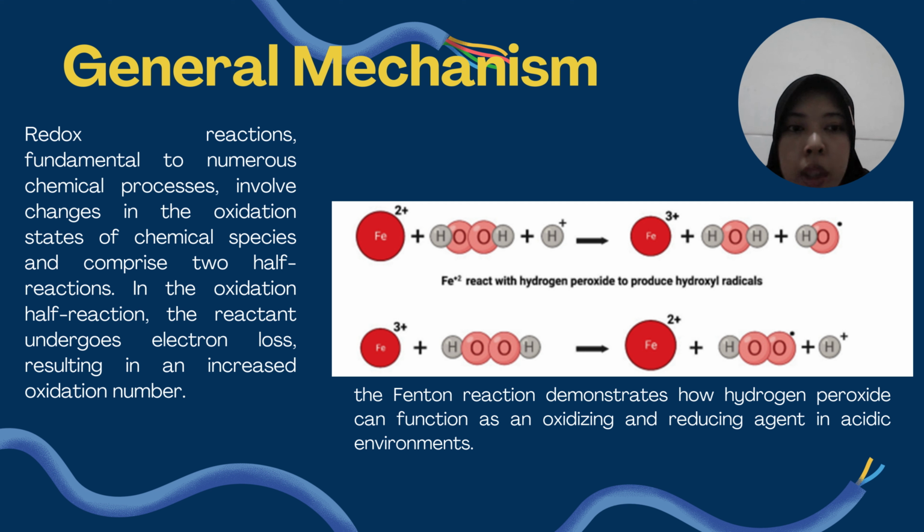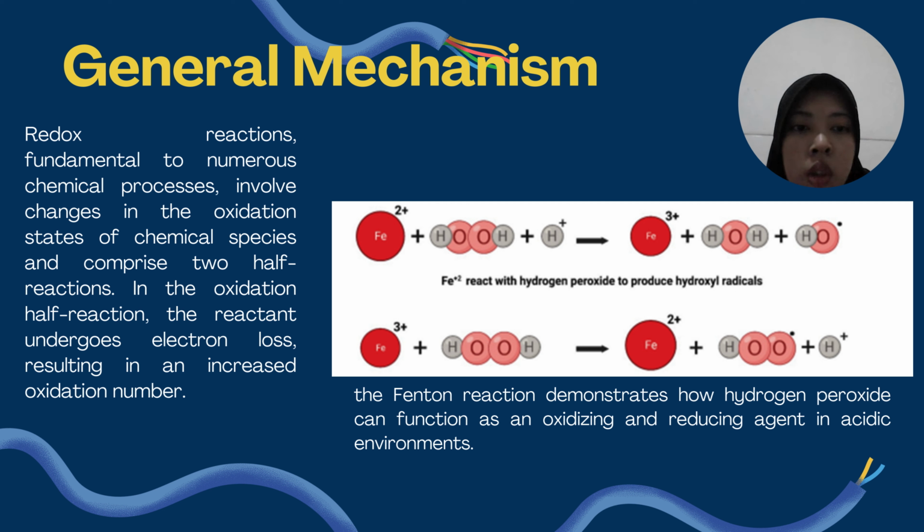Redox reactions, fundamental to numerous chemical processes, involve a change in the oxidation state of chemical species and comprise two half-reactions. In the oxidation half-reaction, the reactant undergoes electron loss, resulting in an increased oxidation number.